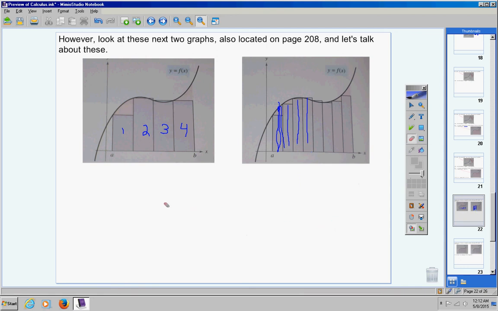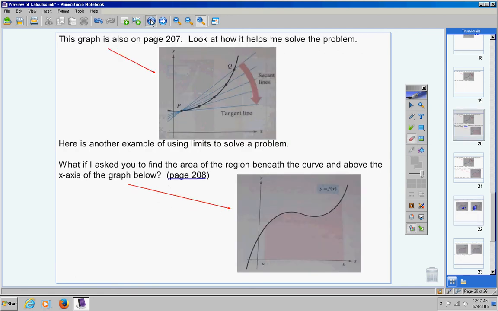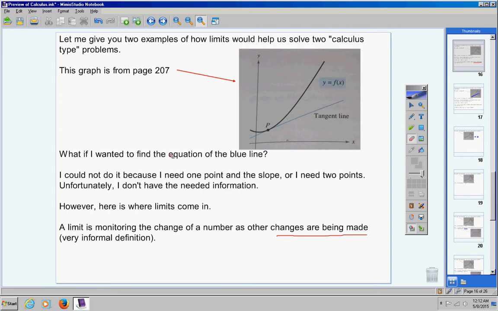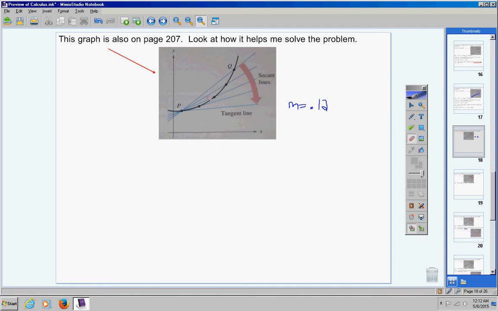So what I'm trying to show you is, remember this definition I gave you earlier, right back here, guys? Remember this? You're monitoring the change of a number as other changes are being made. Well, in this example here, the changes being made were that we were drawing all these extra lines. The number we were monitoring was the slope. We were watching how the slope changed.